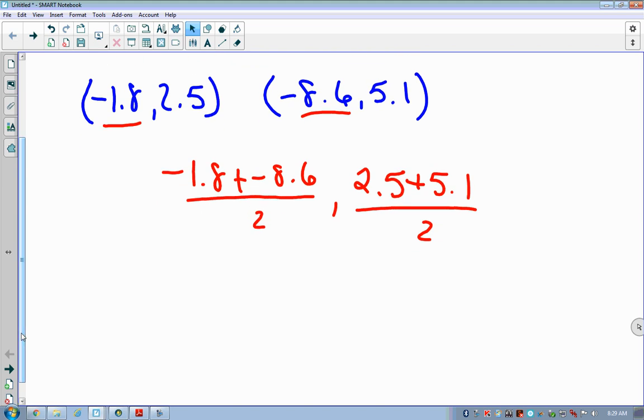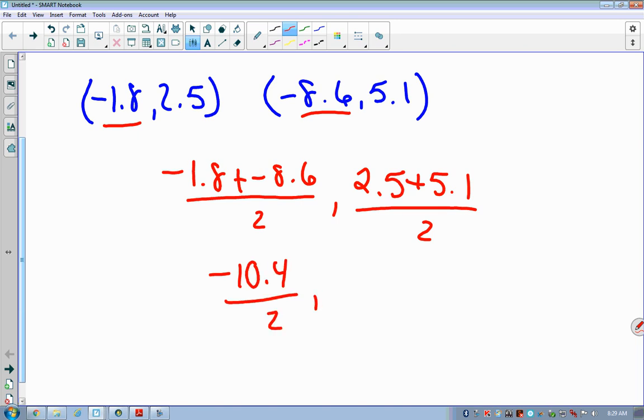All right, so negative 1.8 minus 8.6, that's going to be further negative. You're probably looking at something close to 10. What's it come out to? Negative 1.8 minus 8.6, I get negative 10.4, divided by 2.